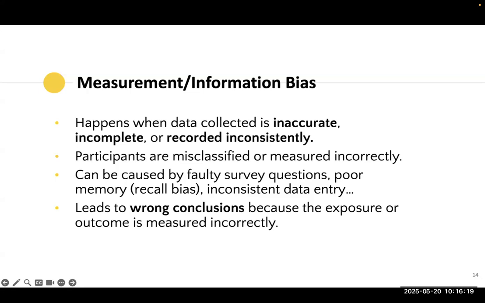Participants can be misclassified or measured incorrectly. This can happen with faulty survey questions, memory, you've got recall bias, which is on the list here, and then inconsistent data entry. And all of that can lead to the wrong conclusion because the exposure or outcome is measured incorrectly. So let's take a look at a couple of these.